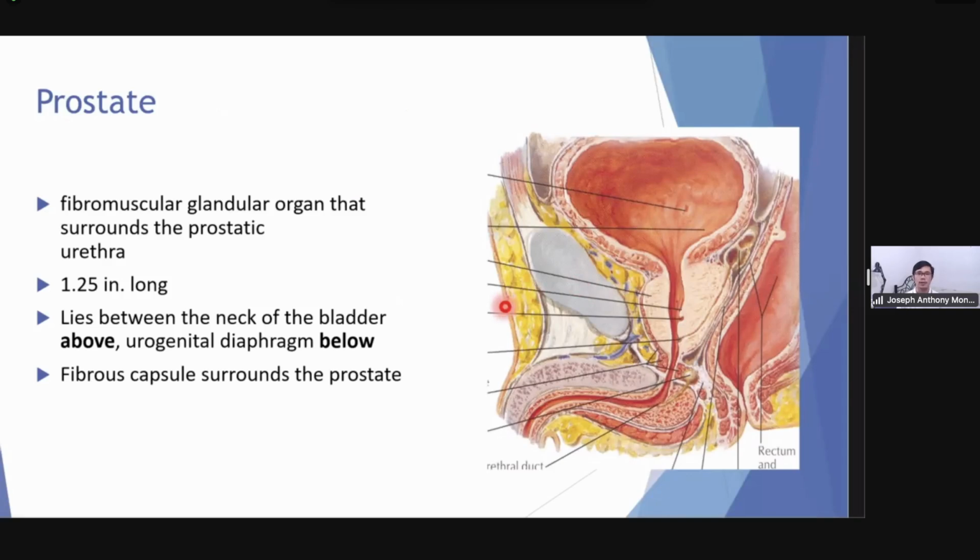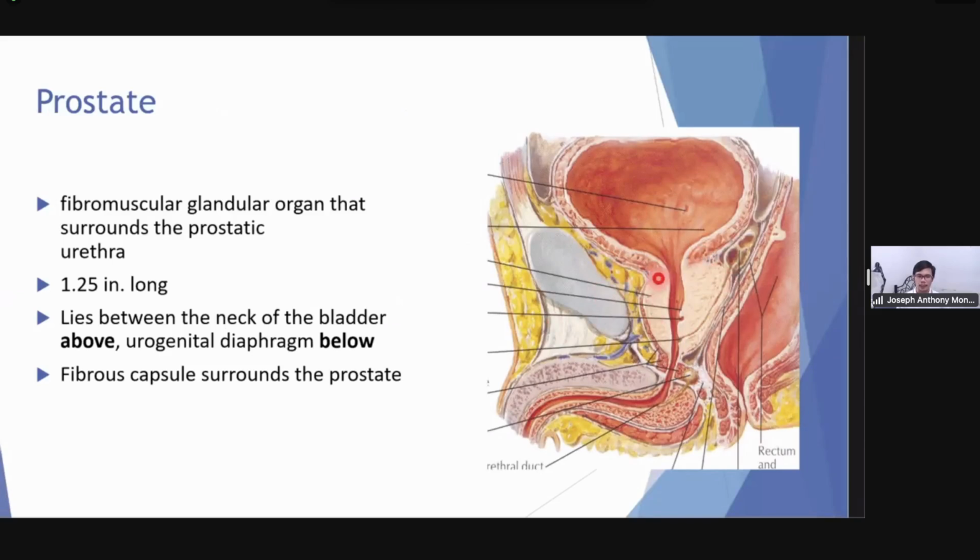For example, we are going to discuss later on what specific lobe would render to become prone to cancer, or what specific lobe would render to become enlarged or to be the usual cause of your benign prostatic hyperplasia. So you really have to take note of the different lobes and also its correlation.